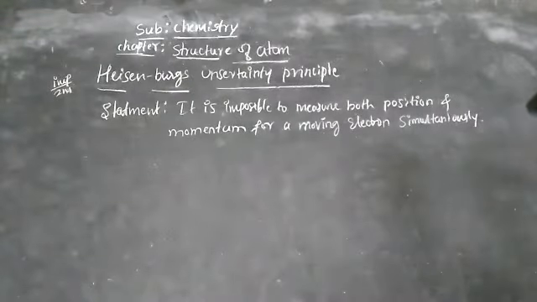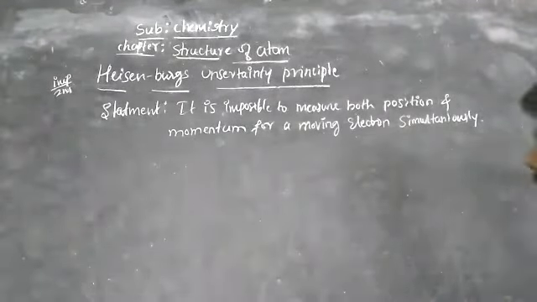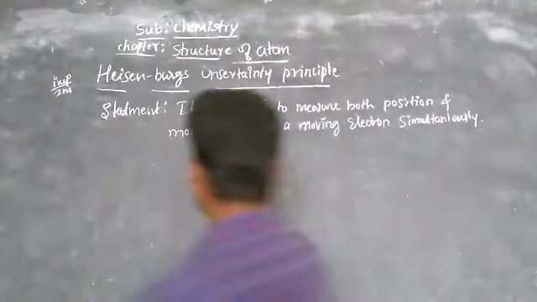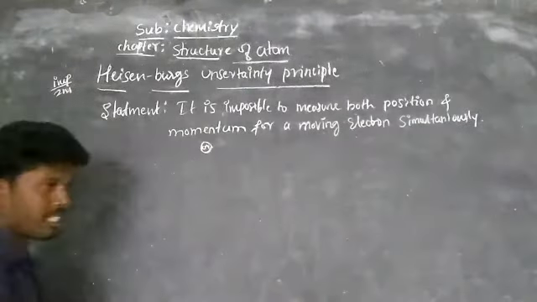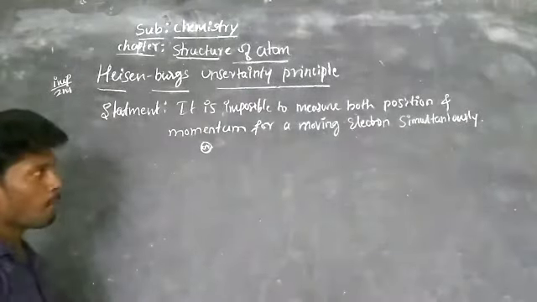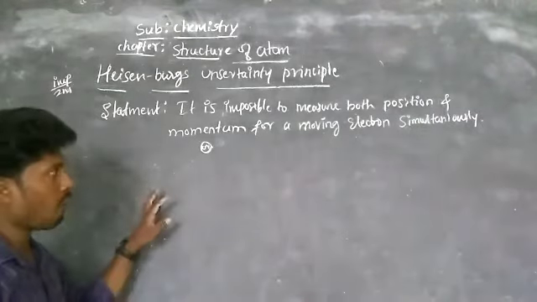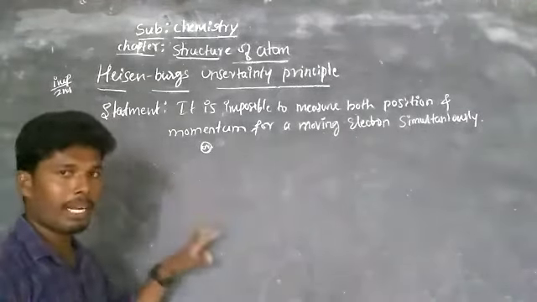This is called the Ensemble uncertainty principle, and it also says that the change in position and momentum is always greater than h by 2 pi.